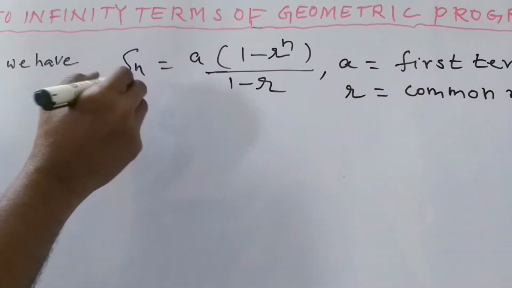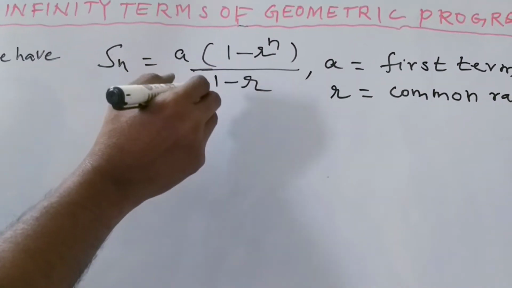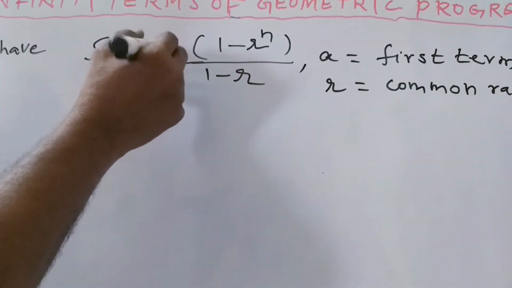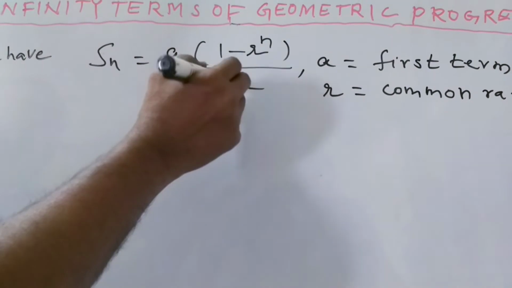Sum to n terms is equal to A of 1 minus r to the power of n by 1 minus r. In this, A is the first term and this r is the common ratio.